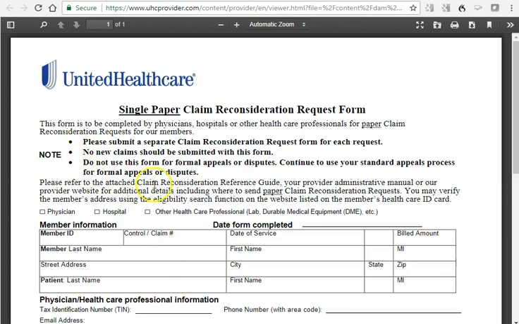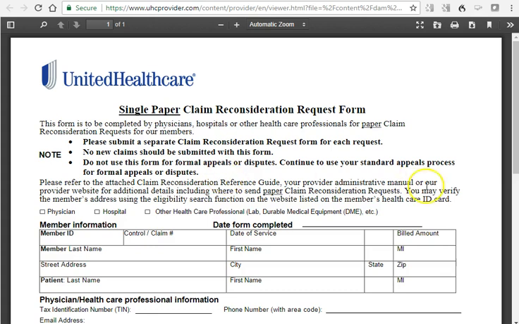Note that this is not for formal appeals or disputes. Now, commercial carriers have a slightly different terminology for formal appeals versus reconsiderations. A reconsideration is a second look at a claim or adding additional information that may not have been available in the first submission of the claim.